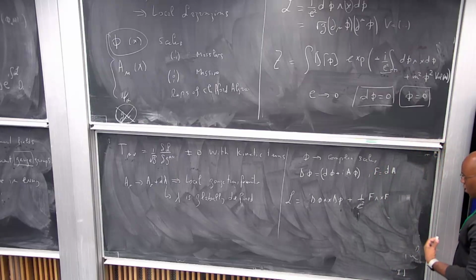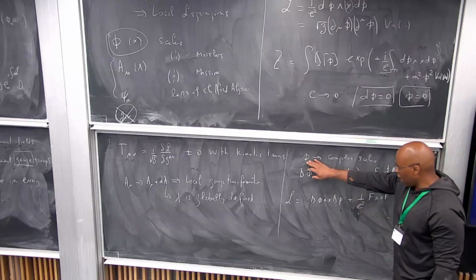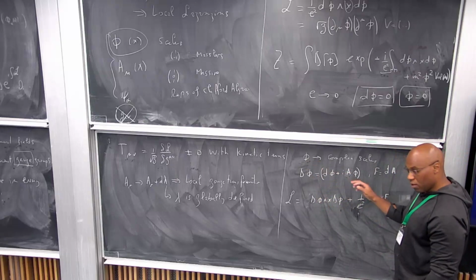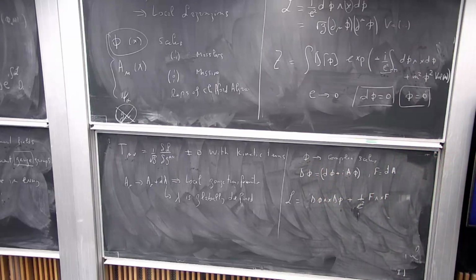So this is an example of another Lagrangian where it's a scalar phi that has a charge under this gauge field. Okay.